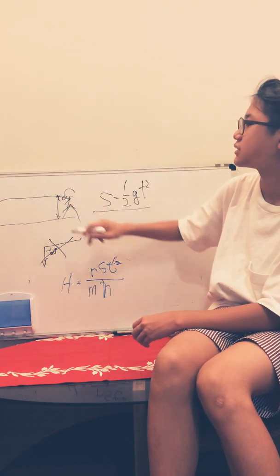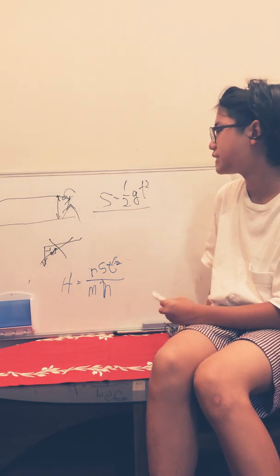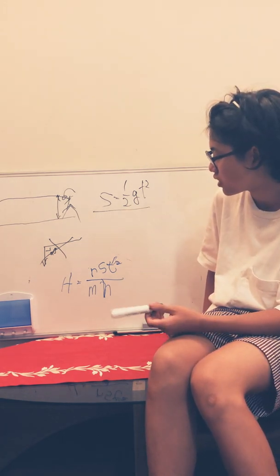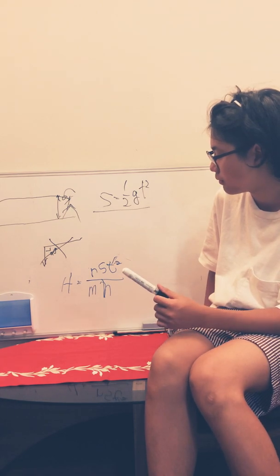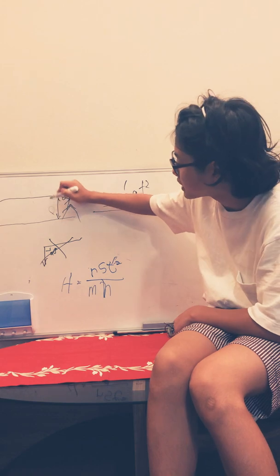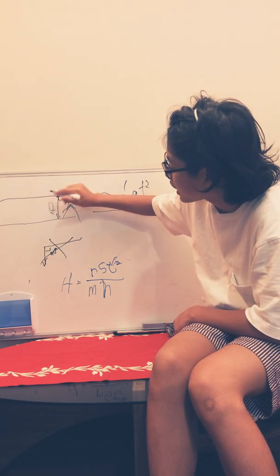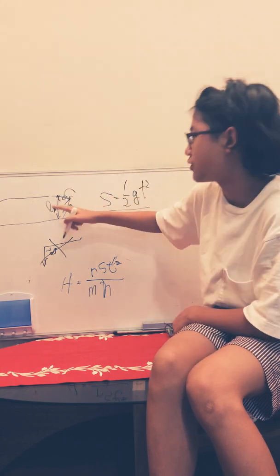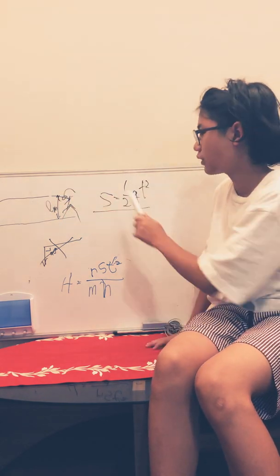This is A, B, C, D, E, F, G, H, I, J, K, L, M, N, O. This is L. This length is L meters. Okay?